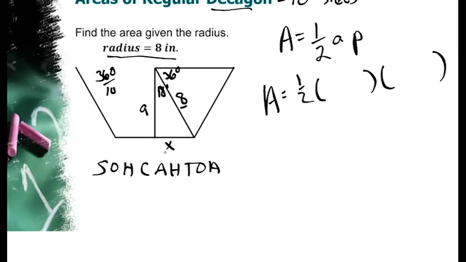To find x, our opposite side, we need to use the hypotenuse and opposite, which means we're focusing on the sine function. So the sine of our angle is equal to the opposite over the hypotenuse.